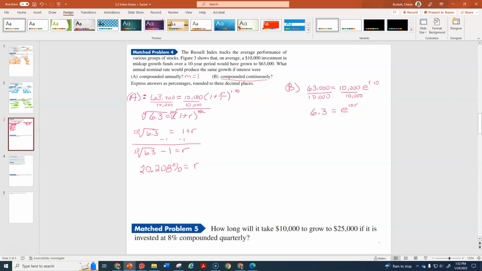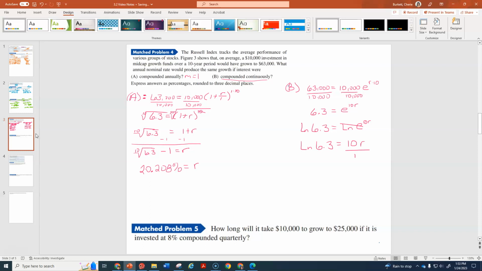That's a log. So you're going to log both sides. Since the base on this side right here is an E, the log that I'm going to use is the natural log. So I'm going to do natural log 6.3 equal natural log of E raised to the 10R, and those two things cancel out. So I'm left with natural log 6.3 is equal to 10R.